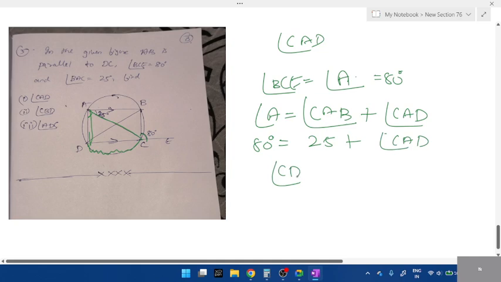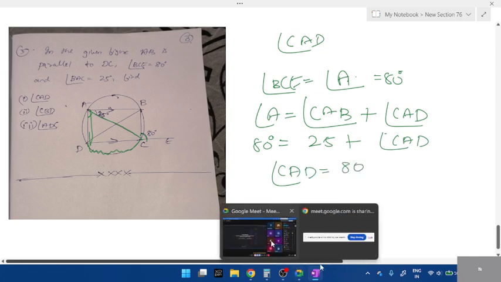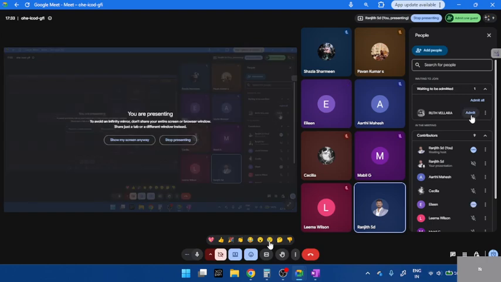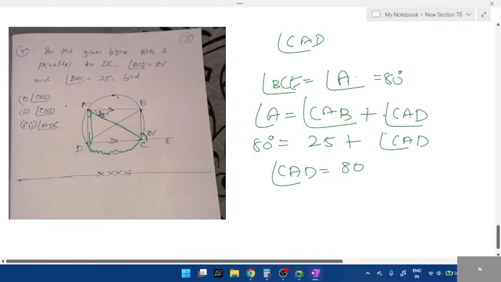Therefore, how much is angle CAD? 55 degrees. Yes, make a note of this. Exterior angle is equal to the interior opposite angle.